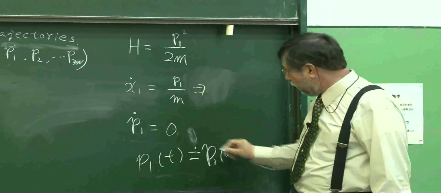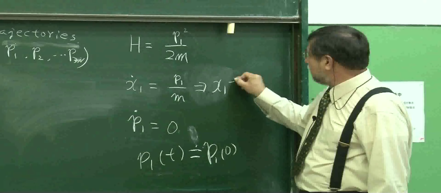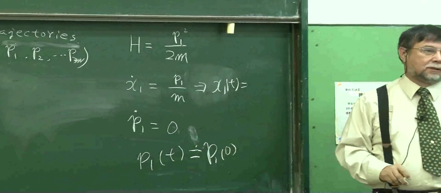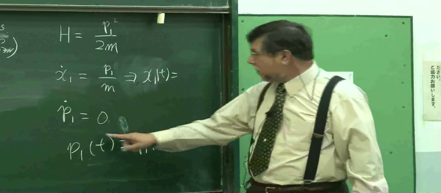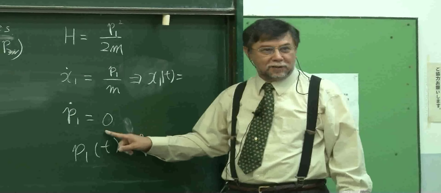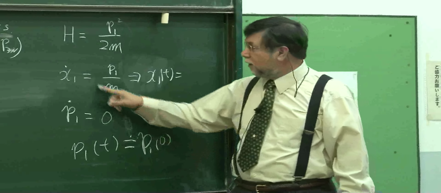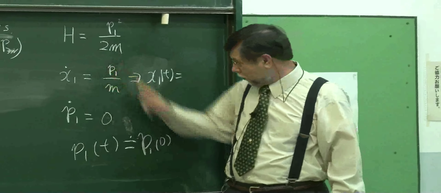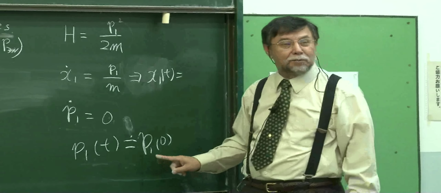Therefore, if I combine this with this one, what is this? Next one. This is integration. You see, you integrate 0 in time, becomes constant. Now, this is a constant. Isn't it? We already proved it. This is constant, invariant of motion.